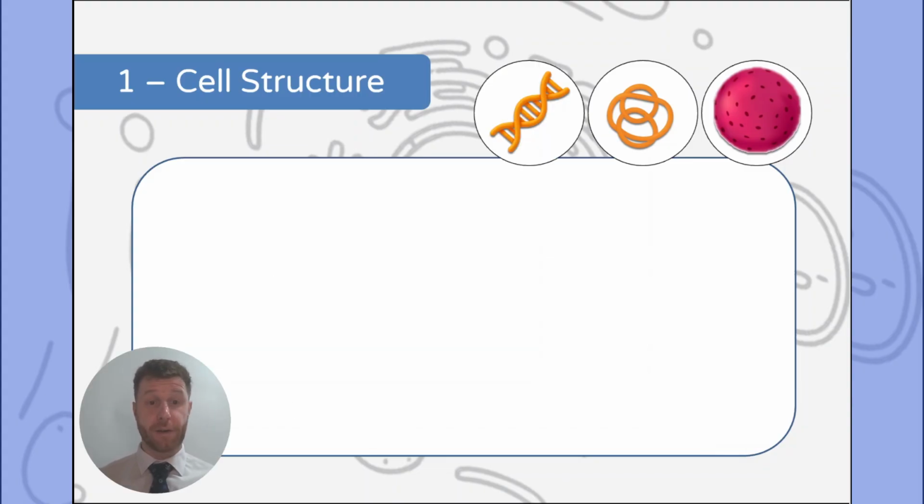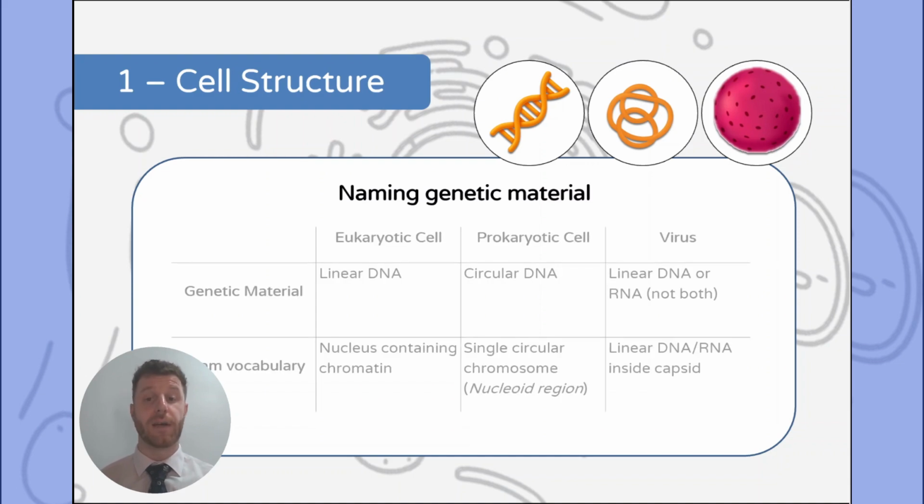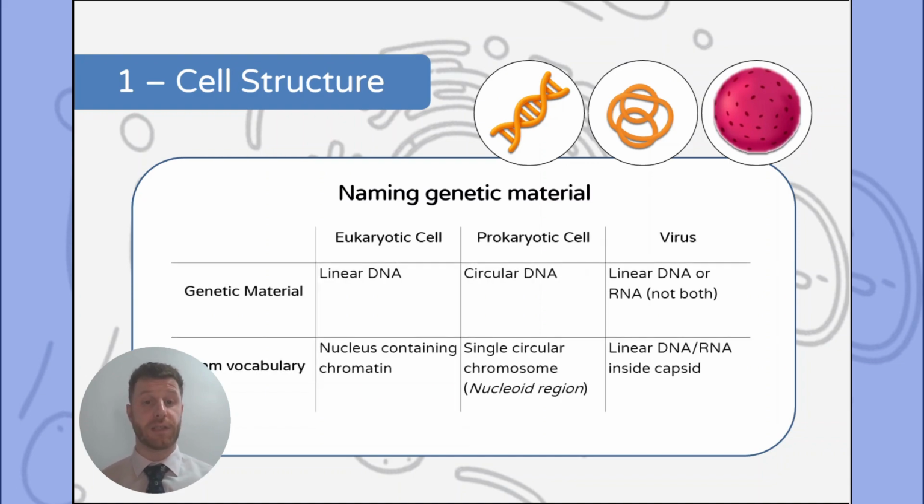So after clarifying the difference between a nucleus-based organism, eukaryotic, and a non-nucleus-based organism, prokaryotic, it's important to remember that there are different names for that genetic material which are found in eukaryotic and prokaryotic organisms, as well as sometimes viruses.